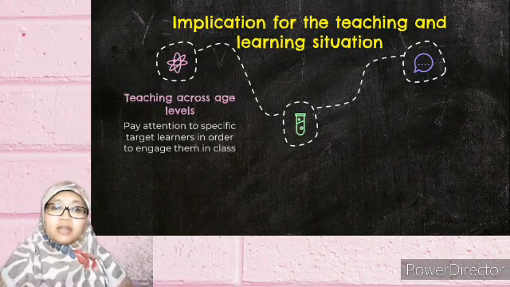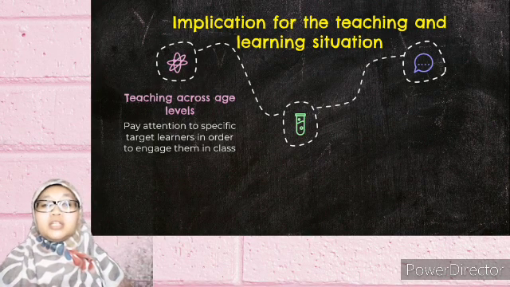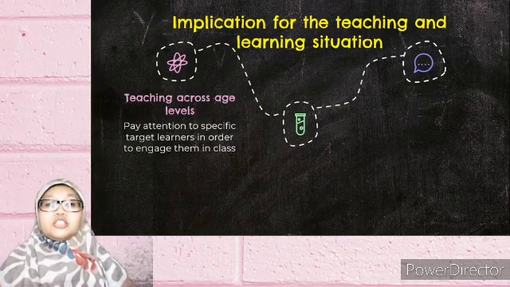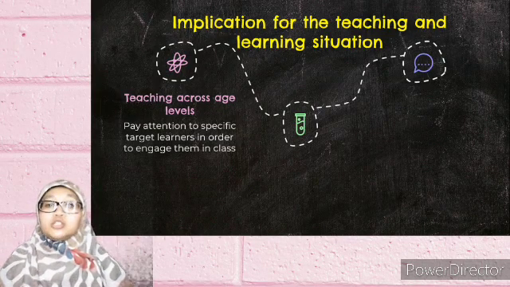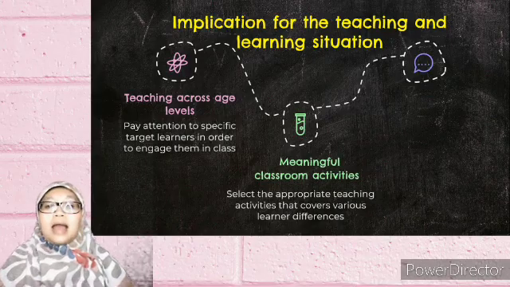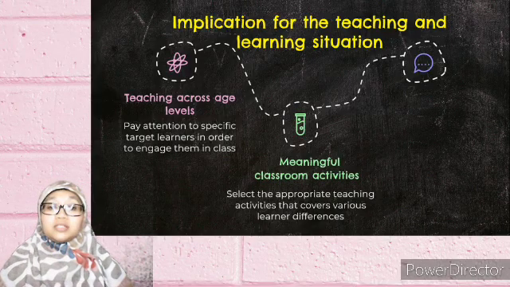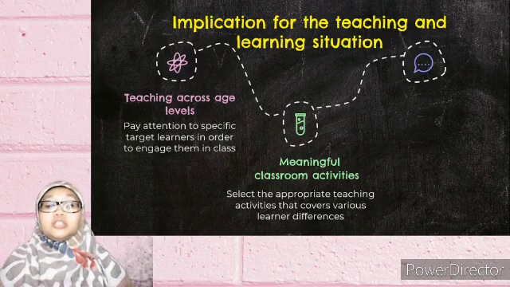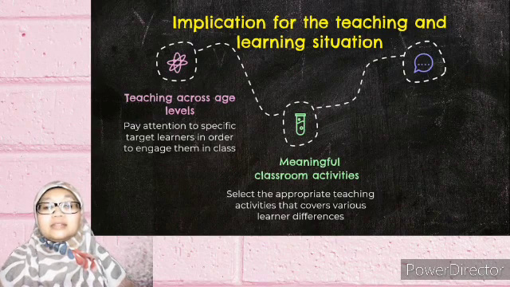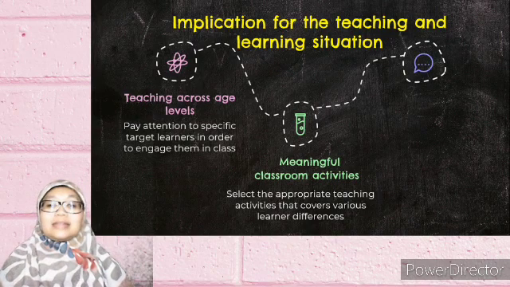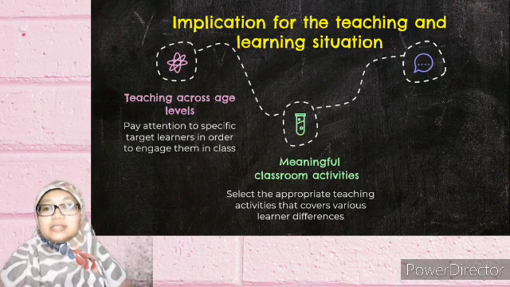For teaching across age levels, teachers need to pay attention to specific target learners in order to engage them in class, with meaningful classroom activities. Teachers may select appropriate teaching activities that cover various learners' differences.